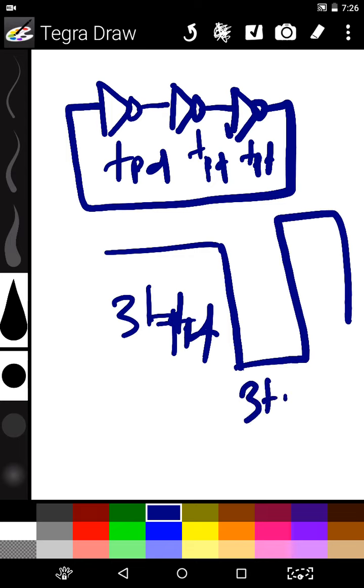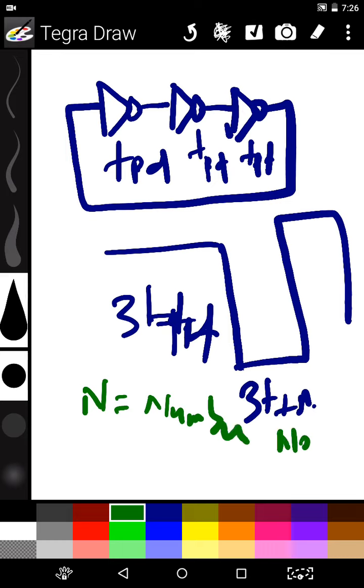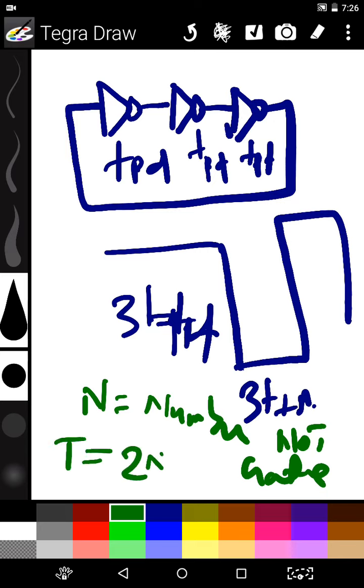So the general formula for the square wave generator: if n is the number of NOT gates, then the time period of the square wave signal equals 2n TPD.